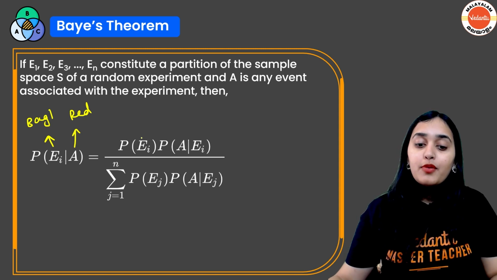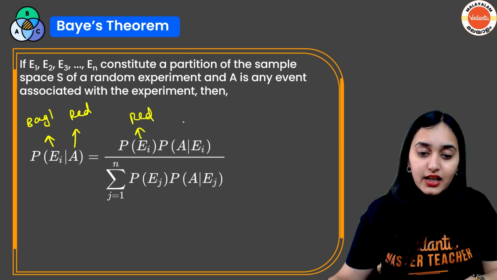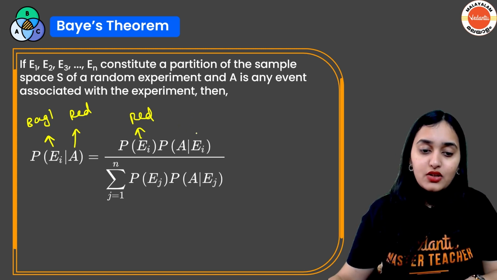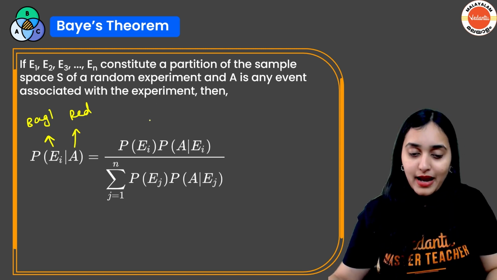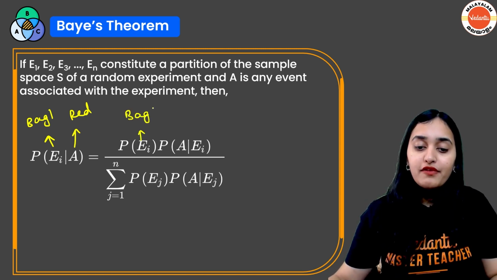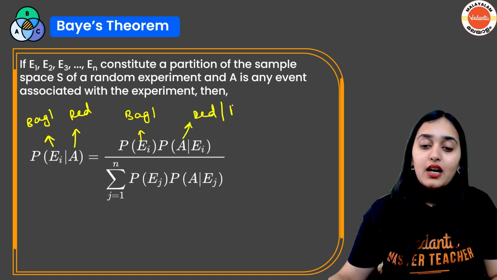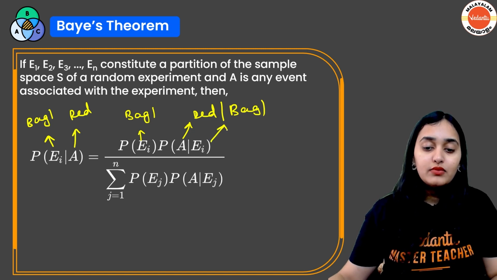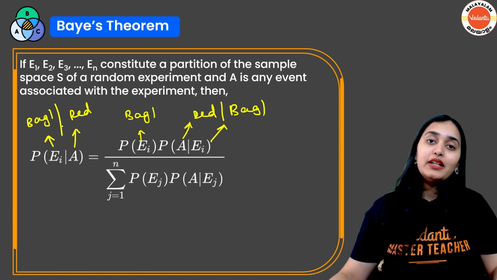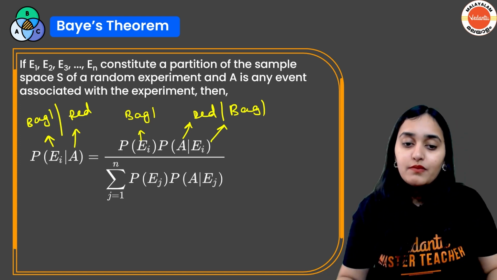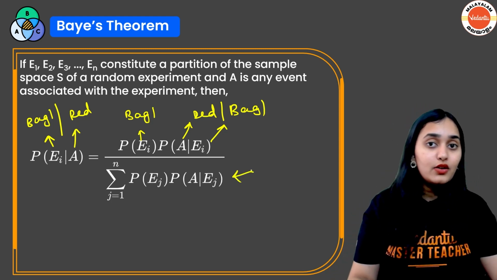The probability of choosing bag number 1 multiplied with the probability of choosing a red ball given bag number 1 is chosen, and here you want to find out bag number 1 given a red ball is chosen. So they are both opposites. So here Bayes theorem is used, divided by total probability. Just now we learned how to calculate total probability.